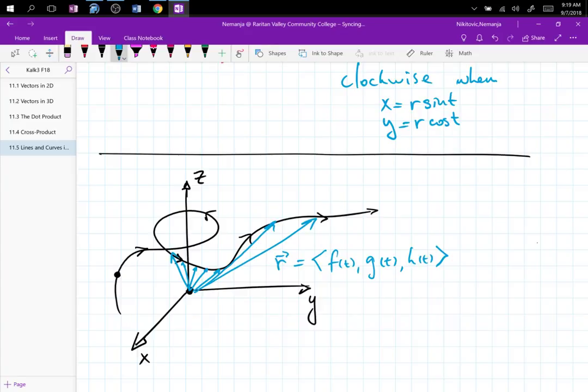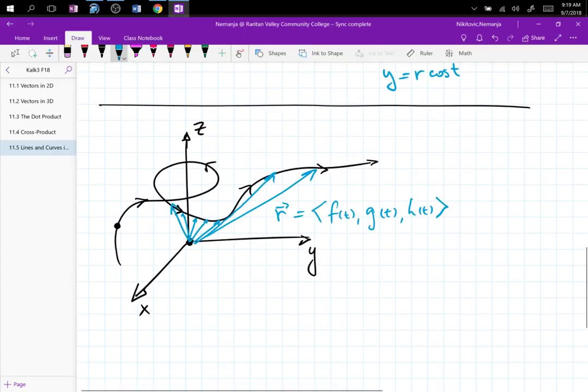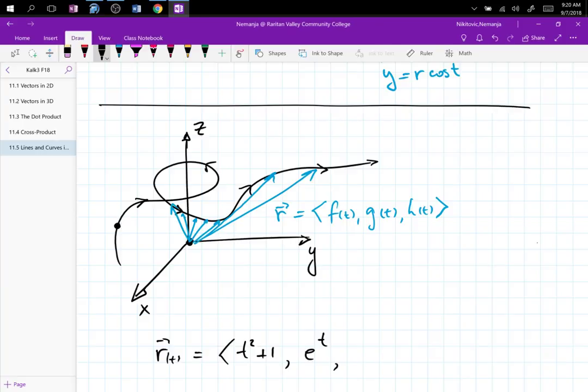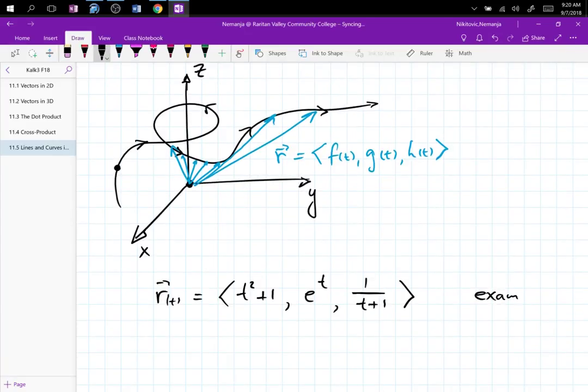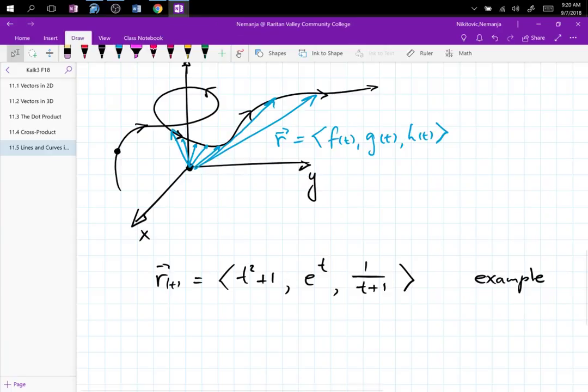Let's do an example. Say that vector r of t is given as (t squared plus 1, e to the t, 1 over t plus 1). I can ask, what is the initial point of the bug?